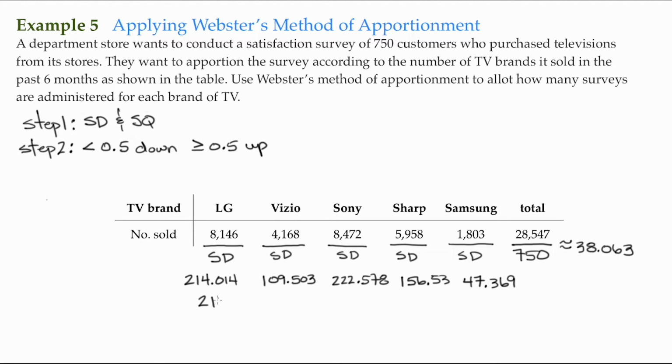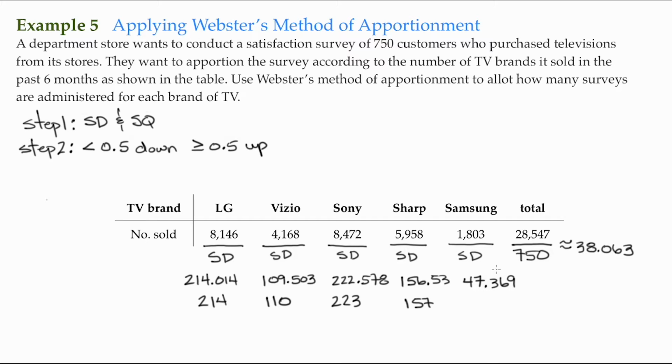That's 214. 0.503, that's greater than 0.5, so we round up. So we round this up to 110. This one here gets rounded up to 223. This gets rounded up to 157.